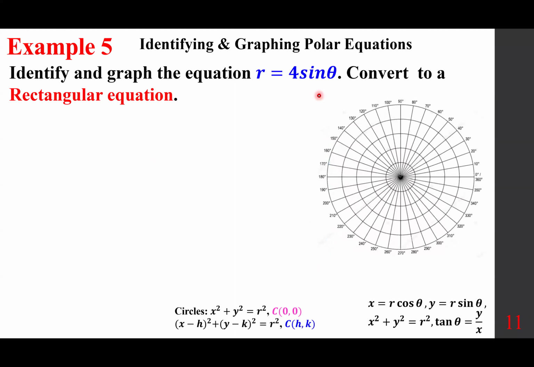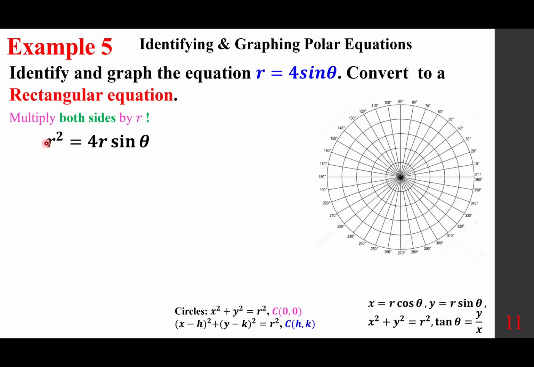Now we want to identify the graph of this one, r equals 4 sine theta. I hope you remember in the previous section, the technique was, when you have r and sine or cosine involved, to multiply both sides by r. You do that, this becomes r squared, this becomes 4r sine theta.